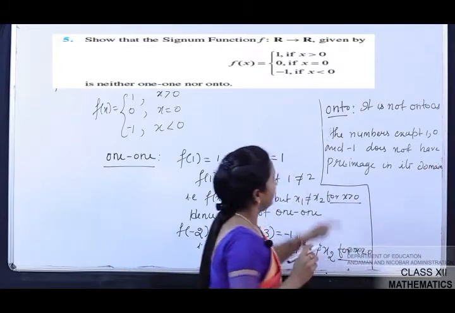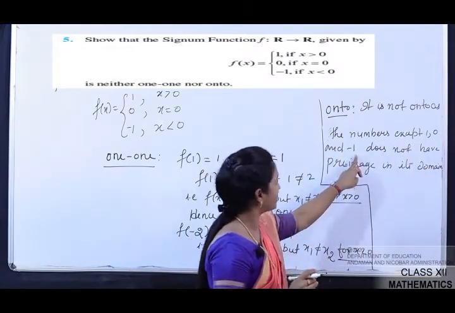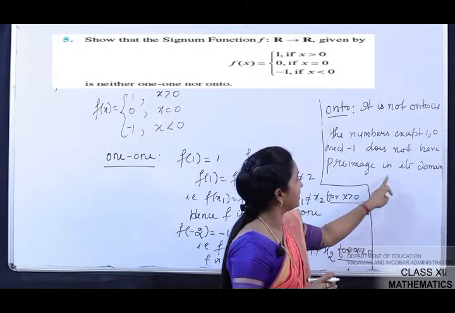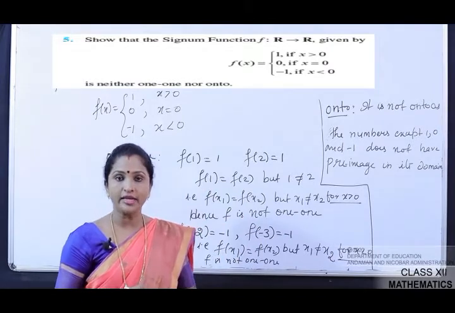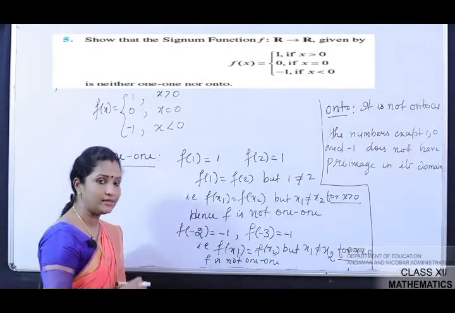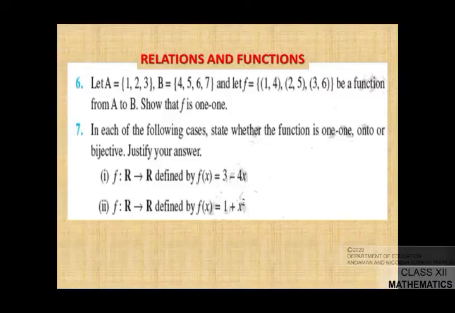Clear? It is not onto as the numbers except 1, 0 and minus 1 does not have pre-image in its domain. Hence you can say that the function is not onto, and finally you have proved that the function is neither 1 1 nor onto. Clear children? This is again a very important question. Now let's see. 6th and 7th question is very simple.